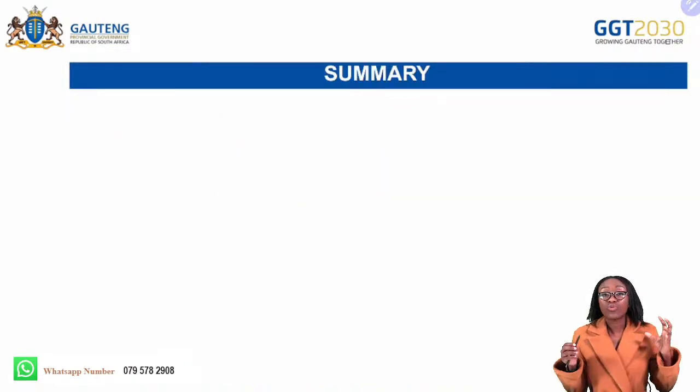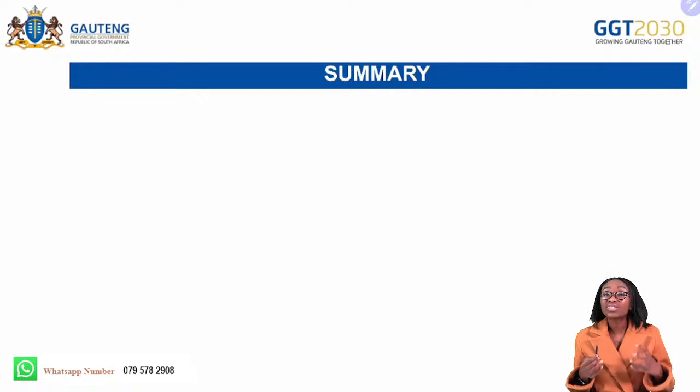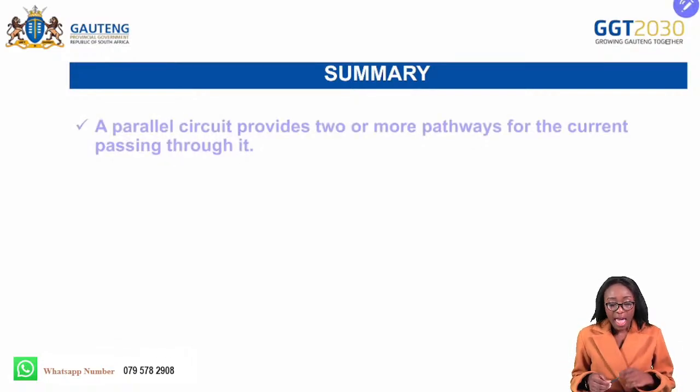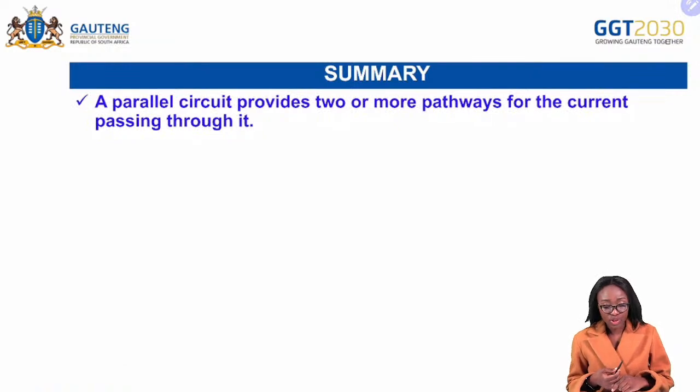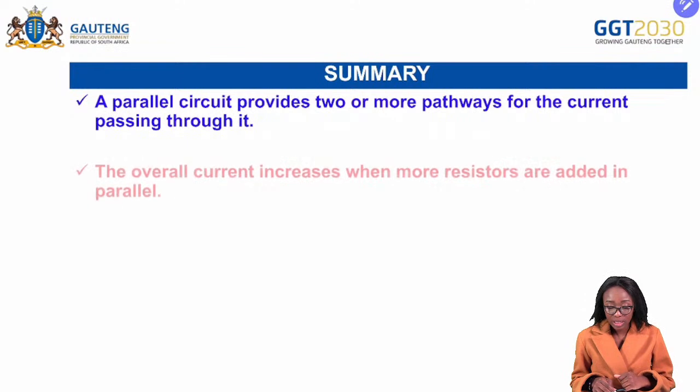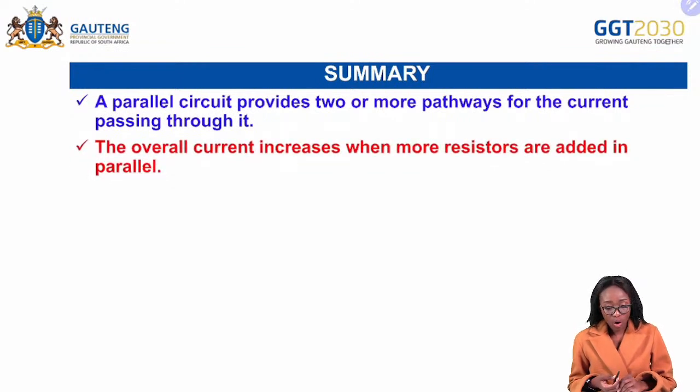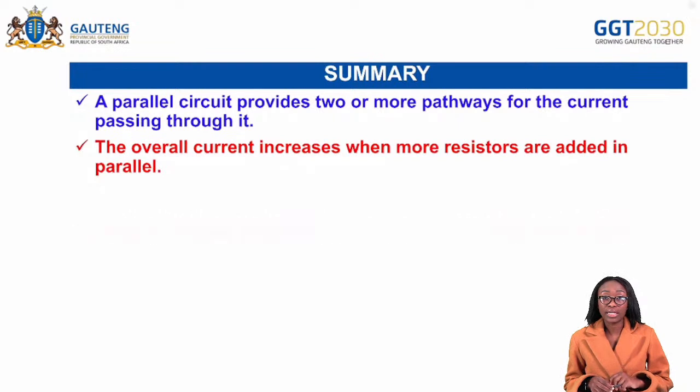Now, let's wrap up our lesson. What did we learn today? A parallel circuit provides two or more pathways for the current passing through it, and the overall current increases when two or more resistors are added in parallel.